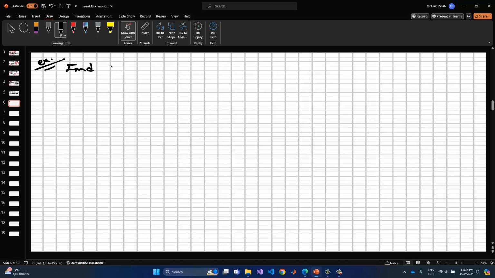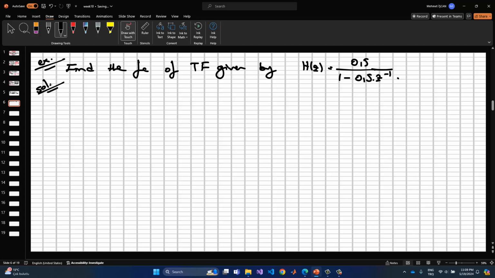Find the cutoff frequency of the transfer function given by H(z) equals 0.5 divided by z minus 0.5 over z minus 1. Okay, this is our transfer function, the pulse transfer function. And so the solution can be summarized in these terms.